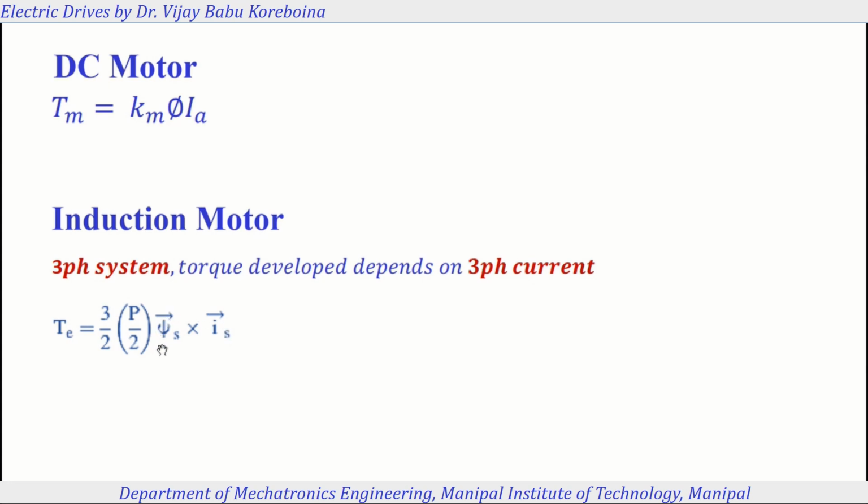What is actually this flux? As I told you at the beginning of the lecture, in an induction motor, the flux phi s is actually the resultant flux of all three fluxes, and it is position dependent, hence it is a vector. So phi s is a vector and i s is a vector. The torque is proportional to phi s and i s.